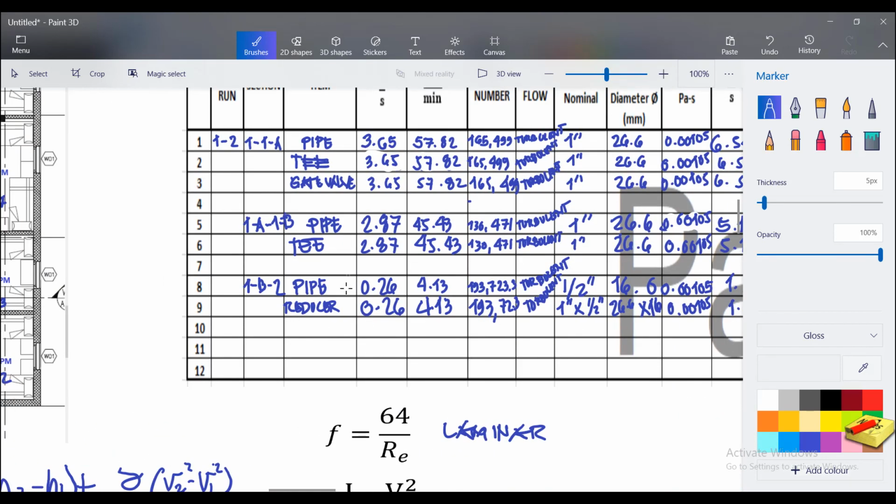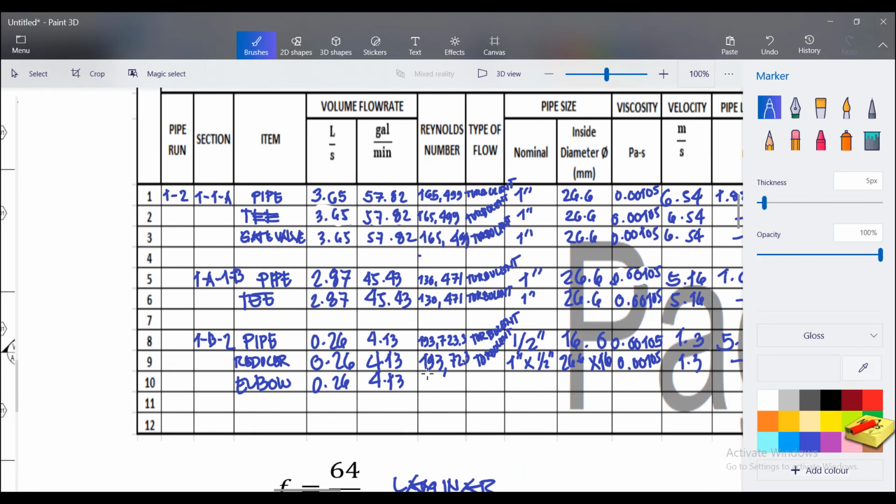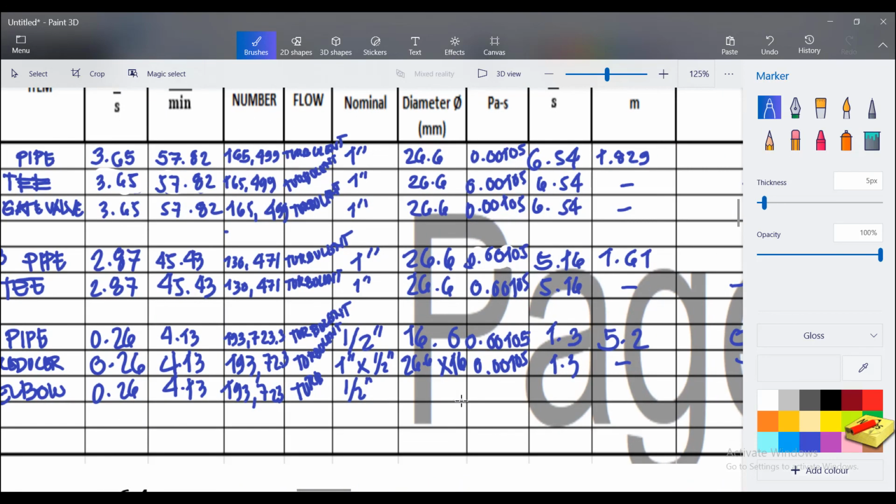So we have here elbow. So we have again 0.86, 4.13 volume flow rate, and the Reynolds number is the same. So we have 193,723. So again, turbulent flow. So we have the size, which is 1/2 inch. That is 16.